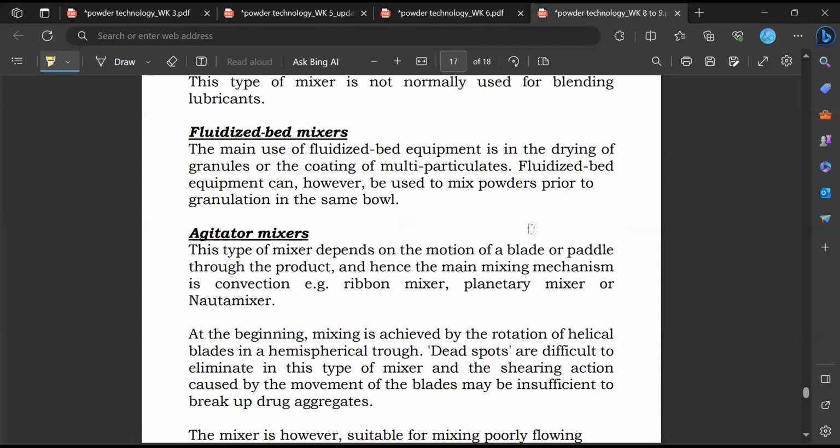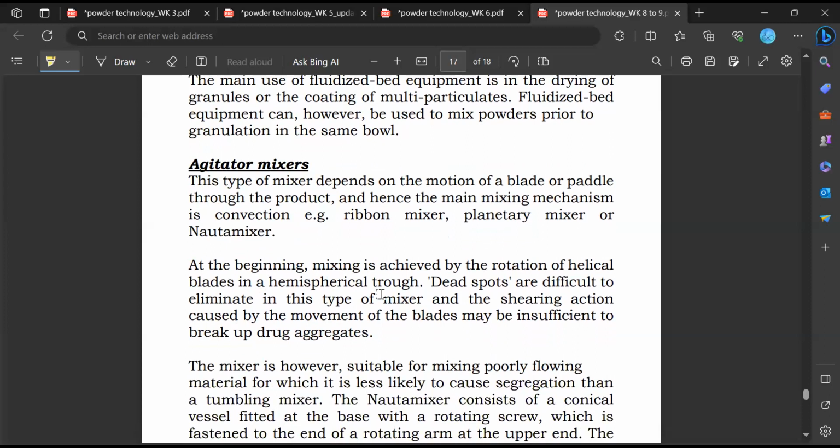In agitator mixers, it depends on the motion of the paddle through the product, like we've seen in baking shows, where you use that paddle.